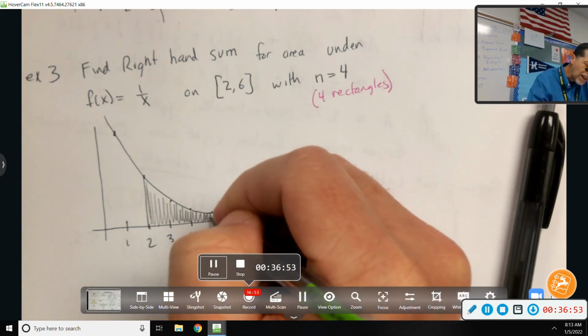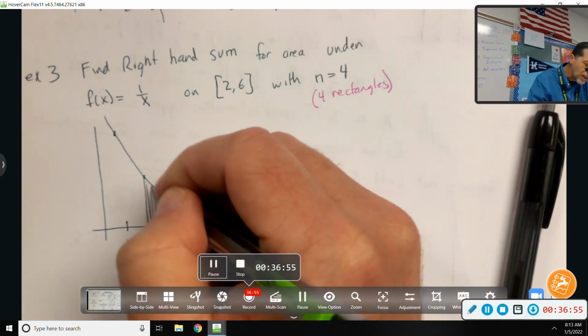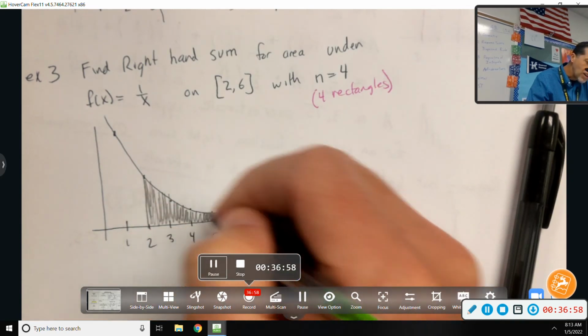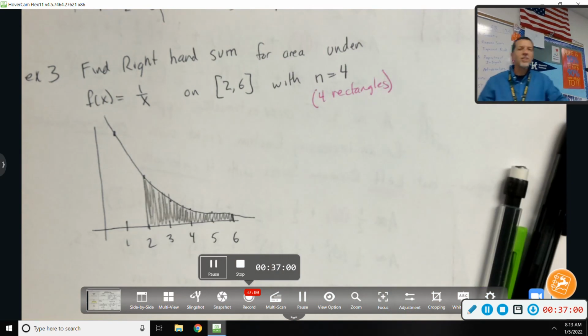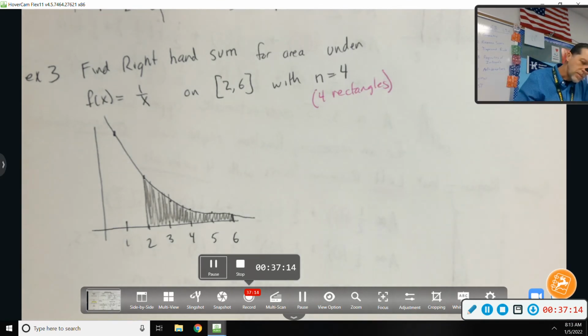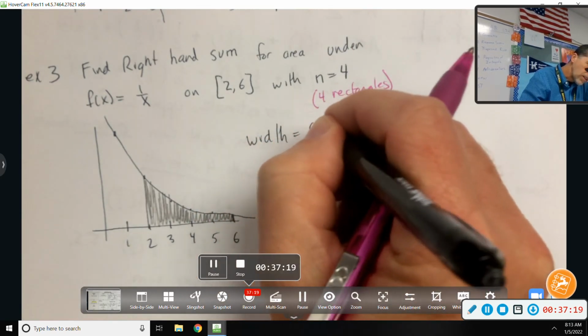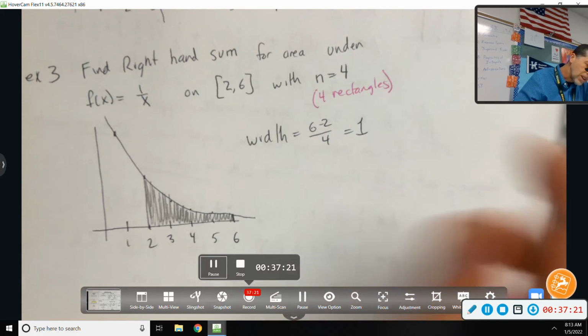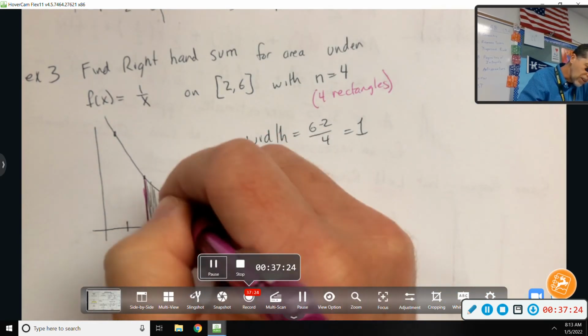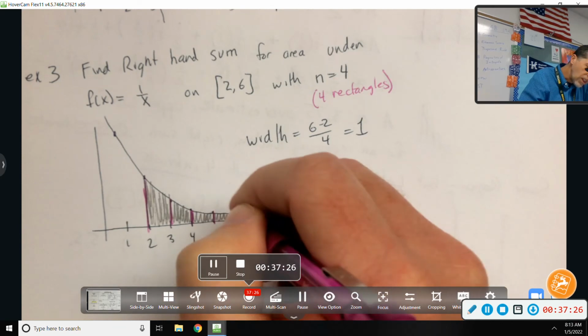That was kind of nice that we went from 2 to 6. Like the combination of your x interval and the number of rectangles, usually the book and Mr. Wolf are nice. Nice, what do I mean by nice? What's the width of each rectangle going to be for this one? 1. Six minus 2 divided by 4 is 1. So each interval is 1 wide.